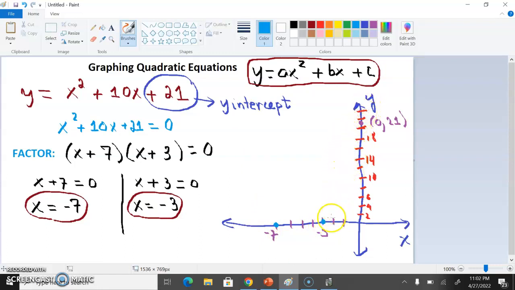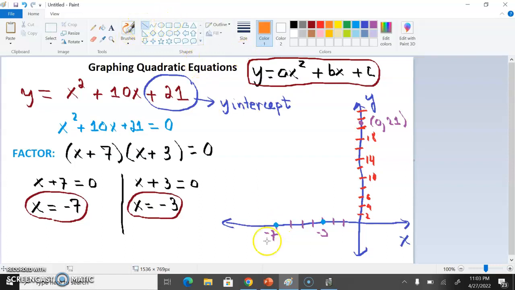Okay, but it's hard for me to draw the parabola because as of right now I only know 3 points on the parabola, so I need more points. And remember, since the zeros are at -3 and -7, we know that the axis of symmetry, the line of symmetry of the parabola, is going to be between -3 and -7. So what point goes in between -3 and -7?